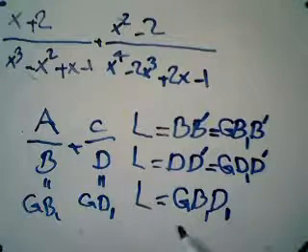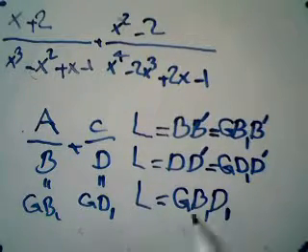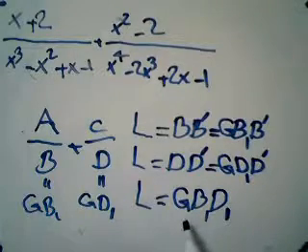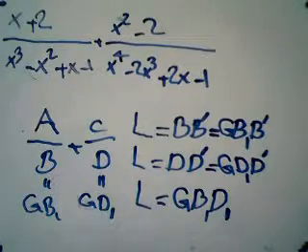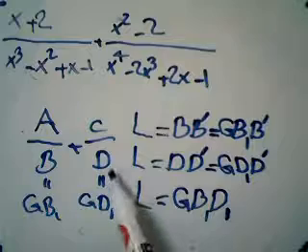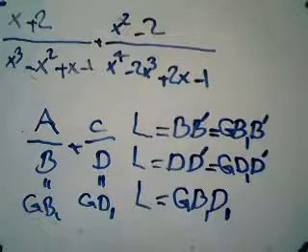And this is the lowest common multiple because it is divisible by b, also divisible by d, and is of the lowest possible degree.